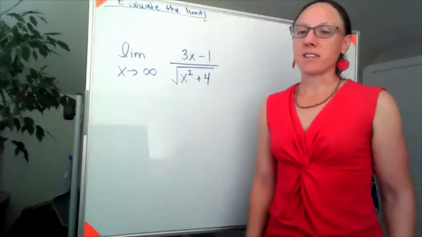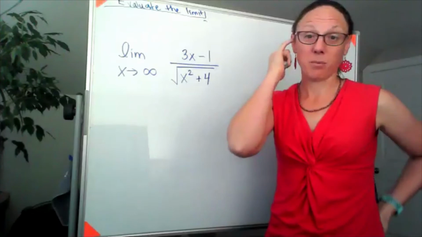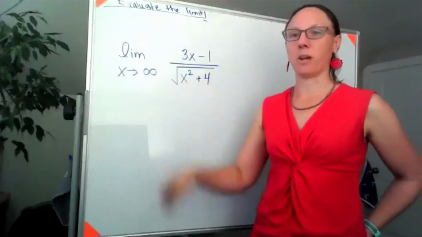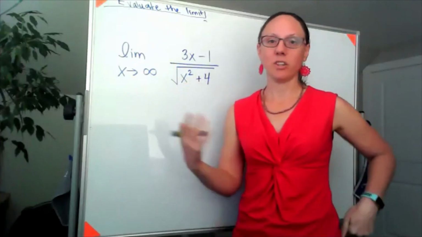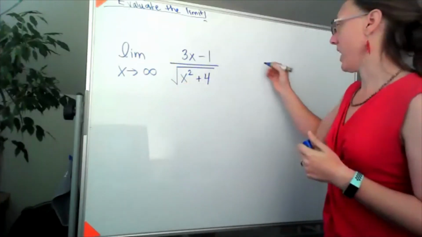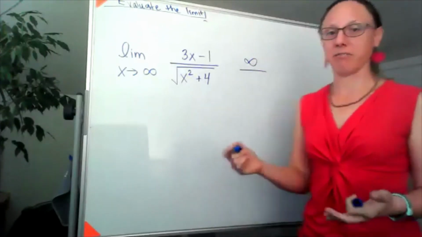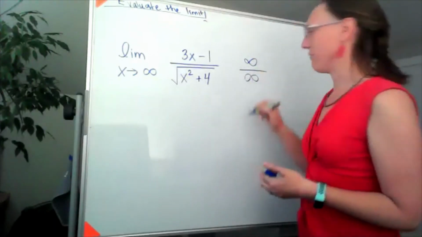I'm going to approach this limit problem the same way that we approach the other ones, which is I'm going to think about what happens when I plug in that infinity. Well, in the numerator, when I plug in infinity, I get infinity. And in the denominator, when I plug in infinity, I also get infinity.